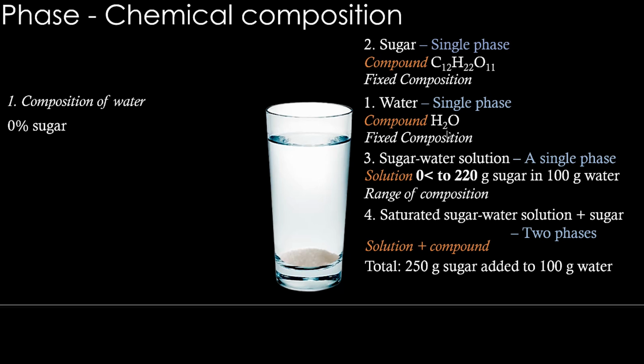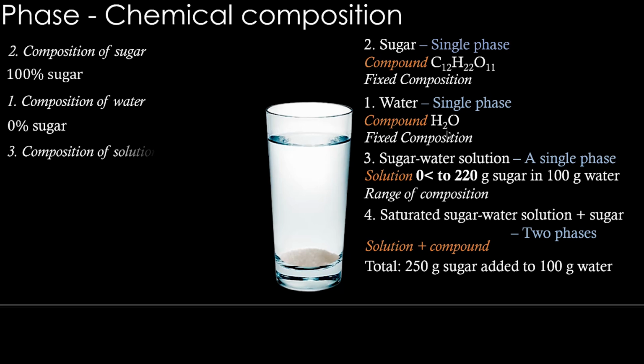Therefore, this 0% sugar is the right way to express the composition here for this problem. We will see shortly that components are considered as a matter of convenience. Water has no sugar. Composition of sugar is 100% sugar.